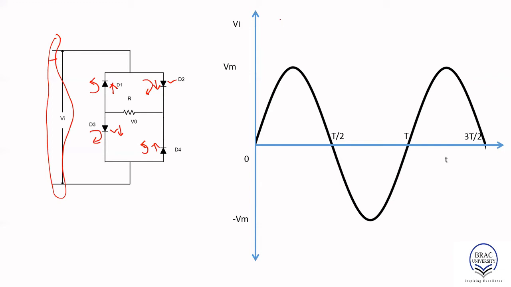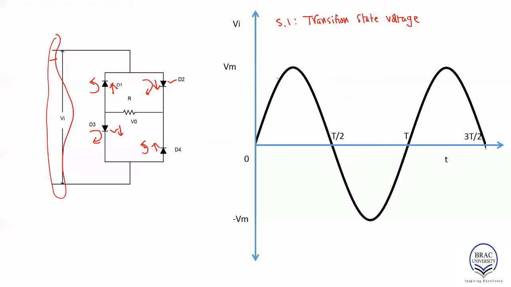So step 1: the value of the voltage at which transition occurs. That means if the signal is fluctuating between Vm and minus Vm, at what value of Vi do we have a transition of the diode?